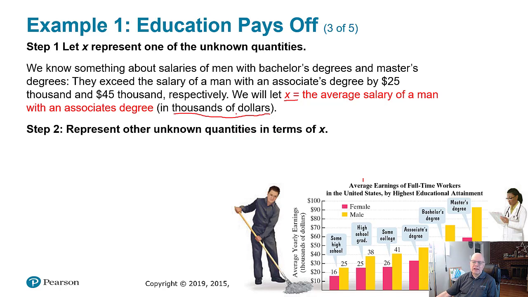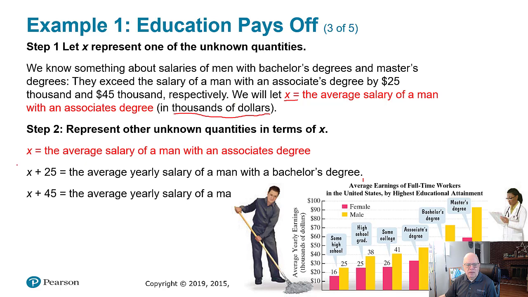The other quantities, well, we're talking about the bachelor's degree and the master's degree. So for the bachelor's degree, X plus 25 will represent his average yearly salary, and the X plus 45 will be the yearly salary of a man with a master's degree. I guess I cut part of this off. My apologies.